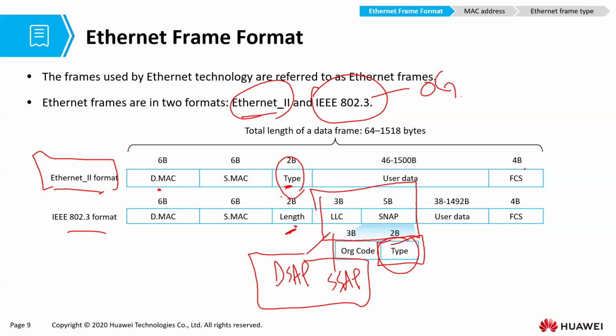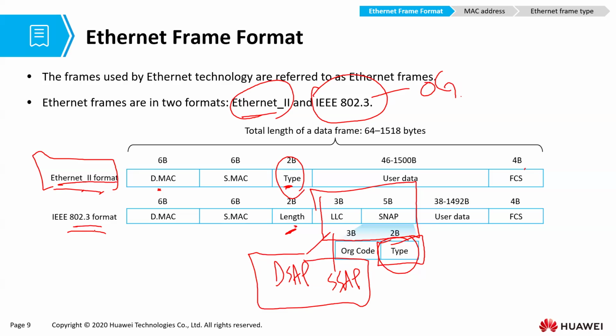So with the Ethernet frame, we have two types of formats. What we use these days is this one here, which is a refined format of the original standard.